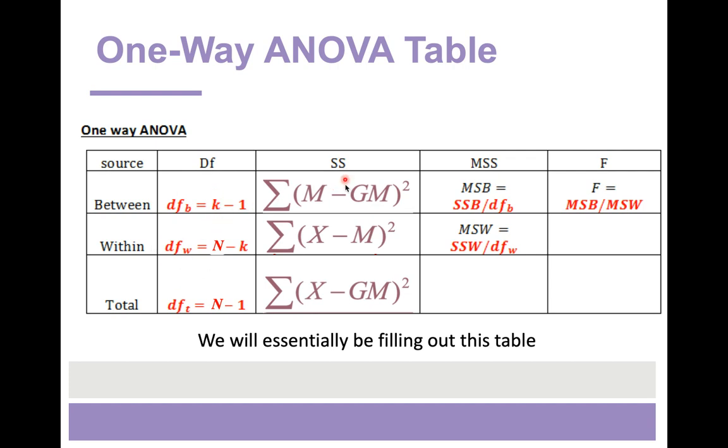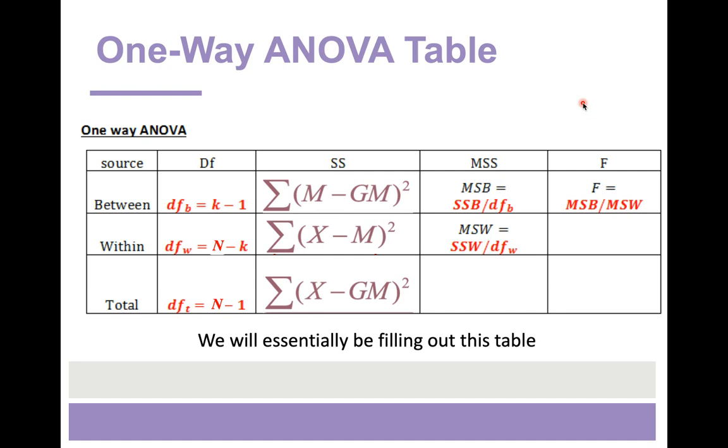We will derive a sum of squares for each of these sources of variability. We'll divide sum of squares by degrees of freedom to produce a mean squared for each source of variability. And then we'll use these mean squares to produce our F statistic, our ANOVA statistic.